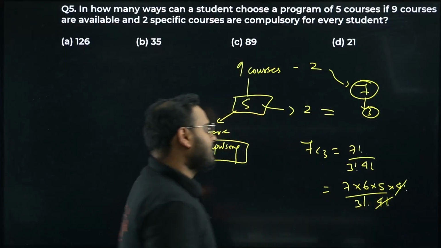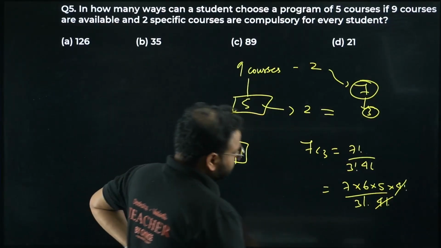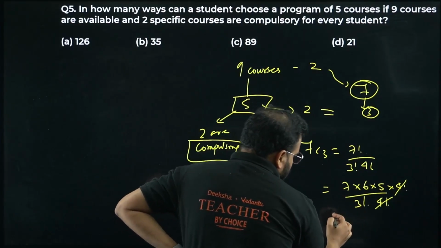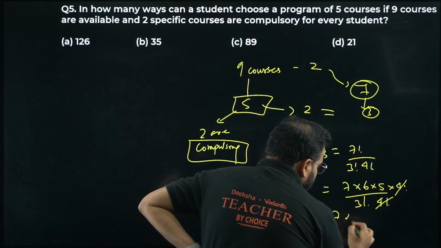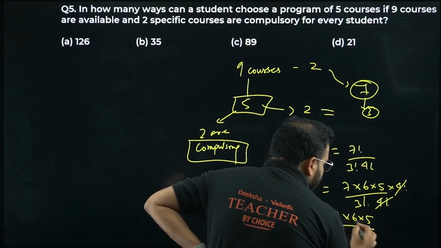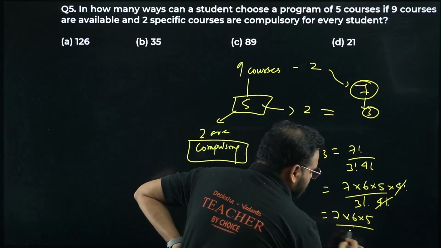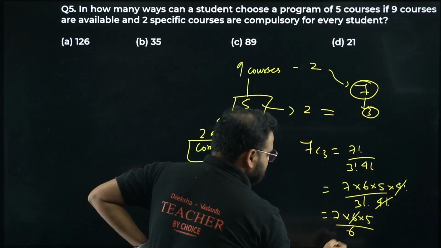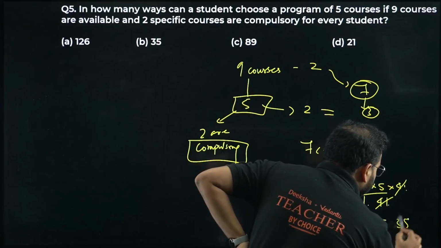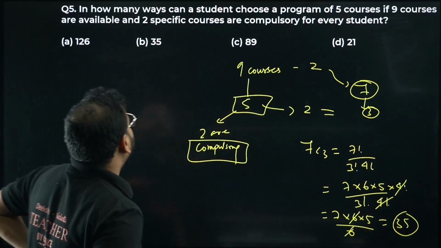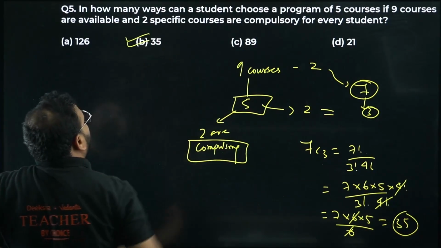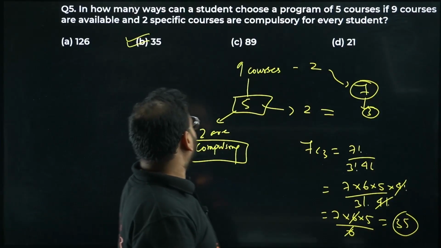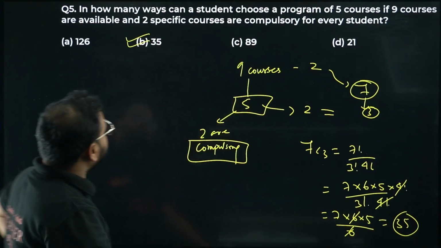This is cancelled right now. So I have 7 into 6 into 5 by 3 factorial. 3 factorial is nothing but 6, 3 into 2 is 6, so again it cancels. My answer is going to be 35. Option B is correct. Have a look. Done. Option B is correct.